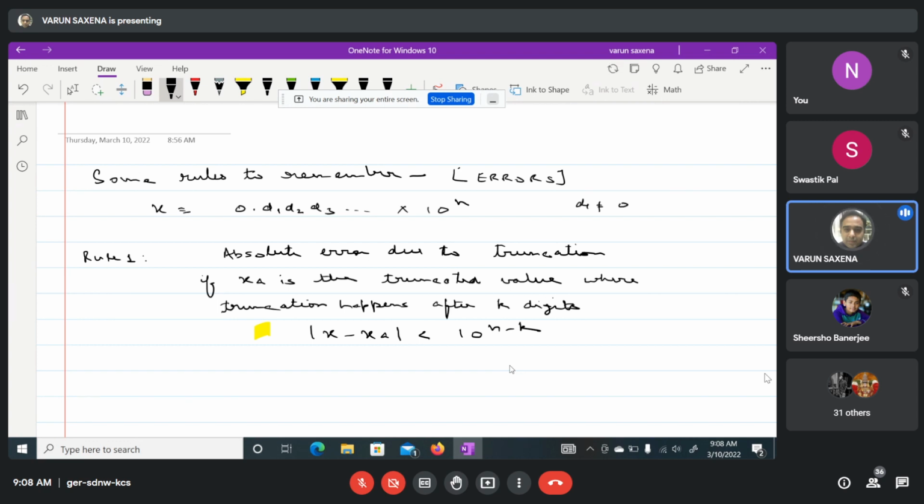Then there is rule number 2: relative error due to truncation.